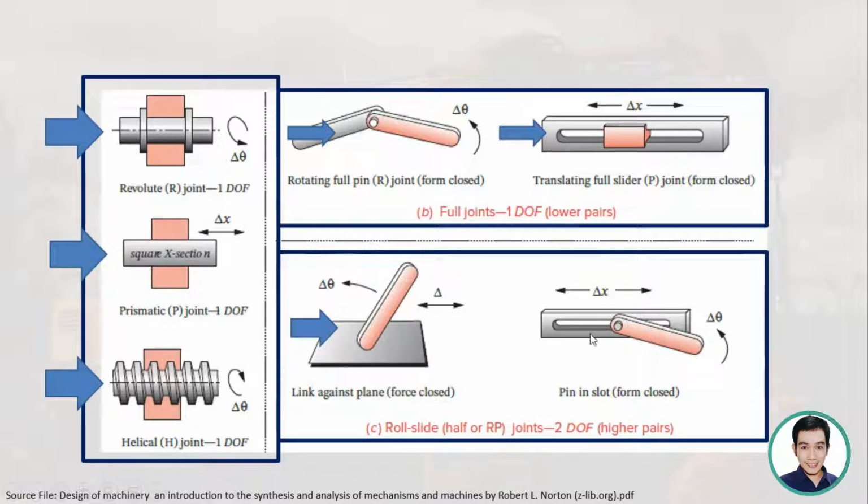And for the pin and the slat, it is considered form close because they are connected without any force, because of the geometry of the joints. Also, this is considered 2 degrees of freedom because the link here can rotate, and the joint here can translate.